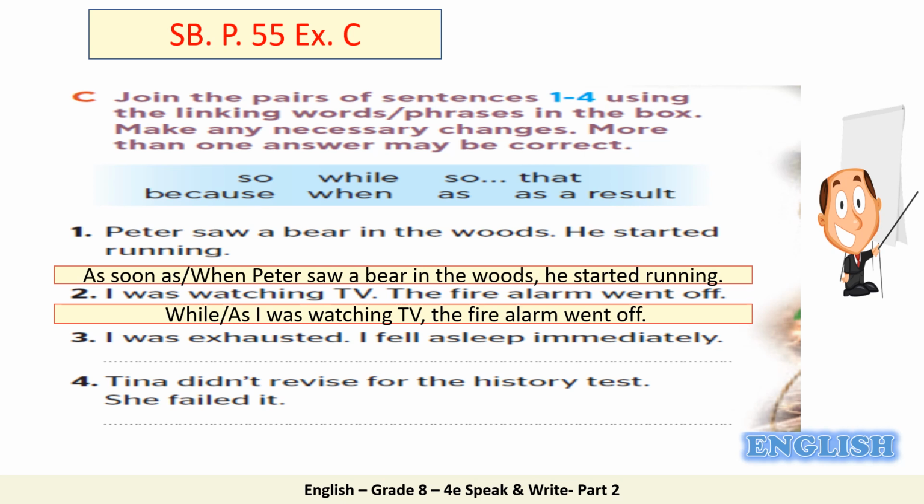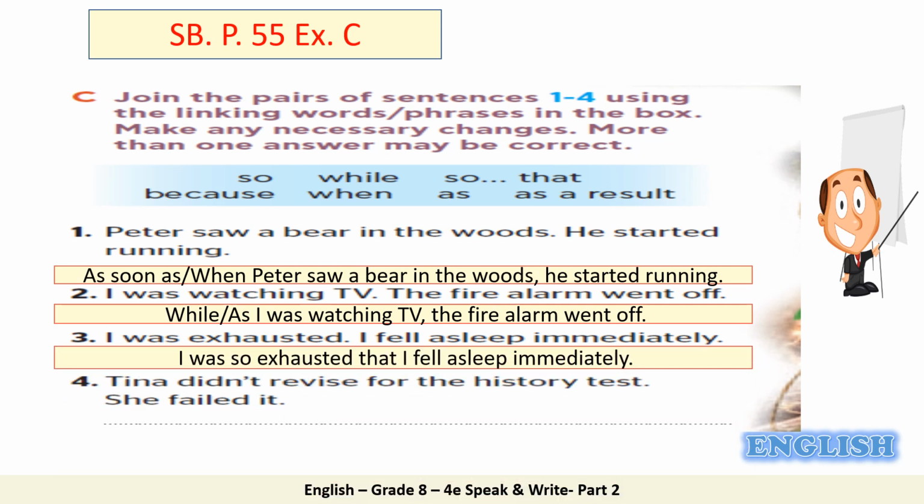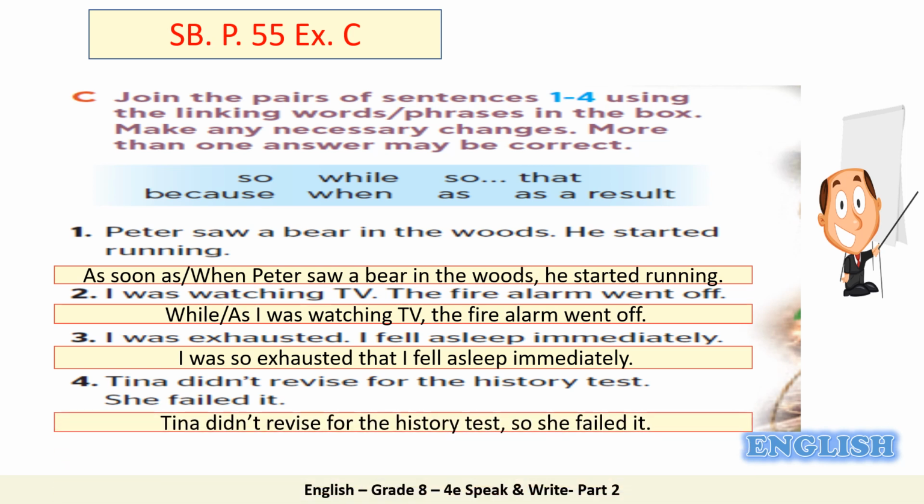I was exhausted. I fell asleep immediately. Good job. I was so exhausted that I fell asleep immediately. Last one. Tina didn't revise for the history test. She failed it. Perfect. Tina didn't revise for the history test, so she failed it. Great job, everyone.